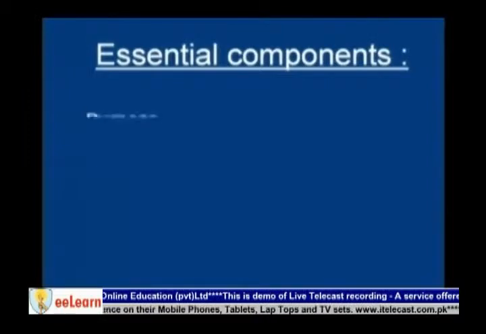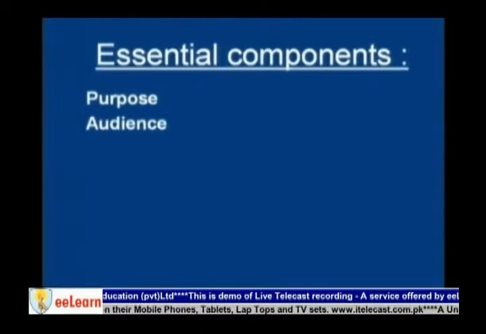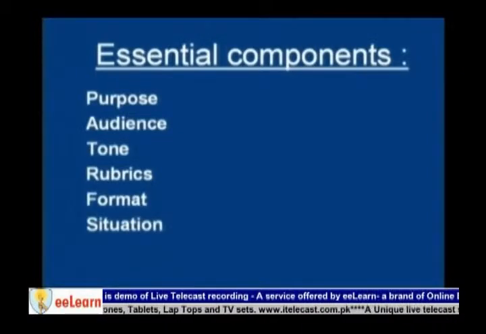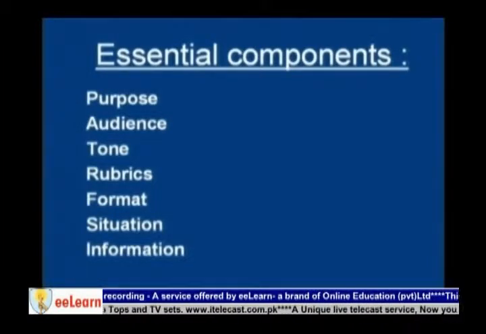As we talk about the task fulfillment, let's have a look at what things are required to fulfill the tasks. You need to look into the purpose of the task given, audience, whoever is being addressed, tone of the letter, is it formal, is it informal, rubrics, instructions that are given to you by the examiner, format, what format do you have to follow.